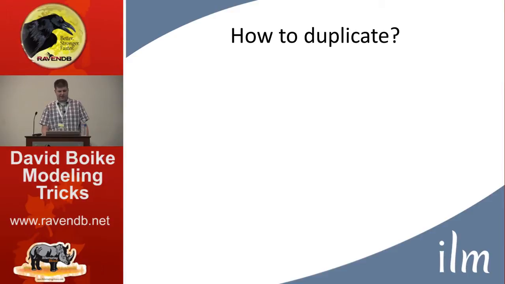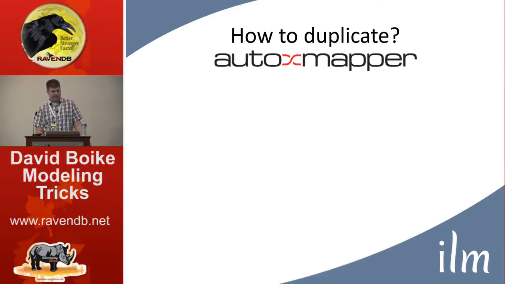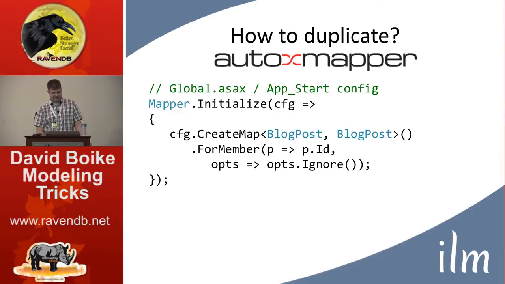Then the question becomes how to duplicate. There's probably a lot of different ways to do this, but the one I prefer is to use AutoMapper. We can do this by initializing AutoMapper and saying we want to create a mapping between blog post and blog post, so that basically you're going to copy everything except the ID member, ignore that.